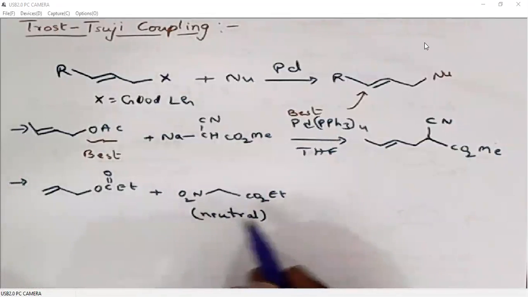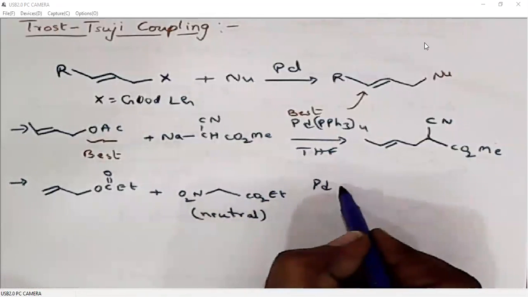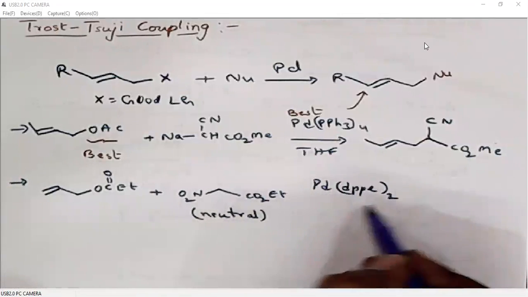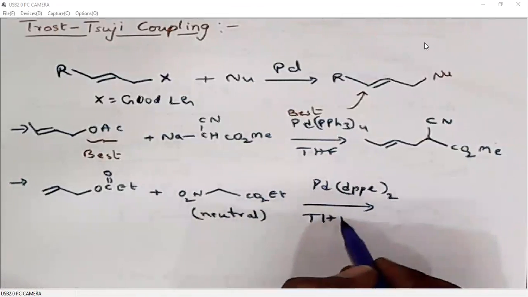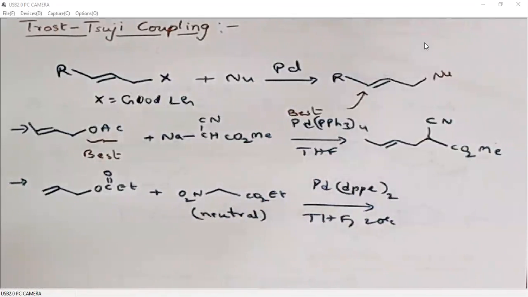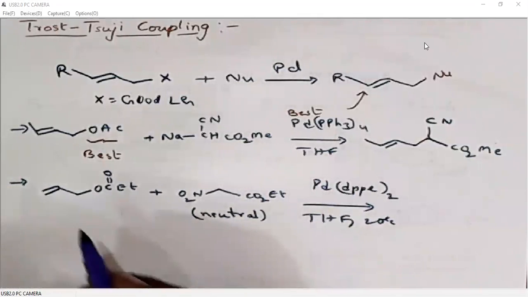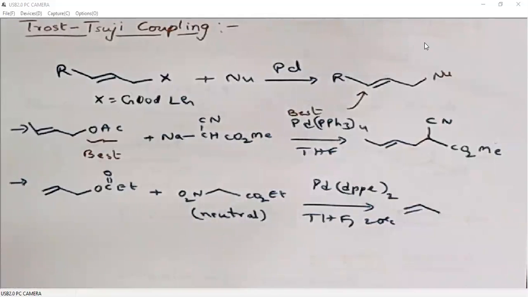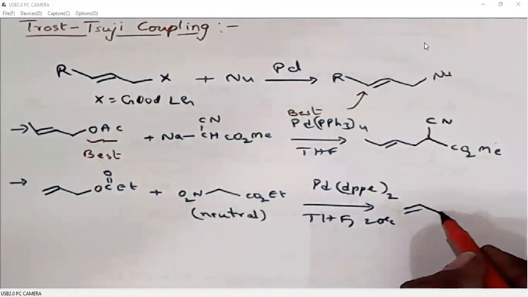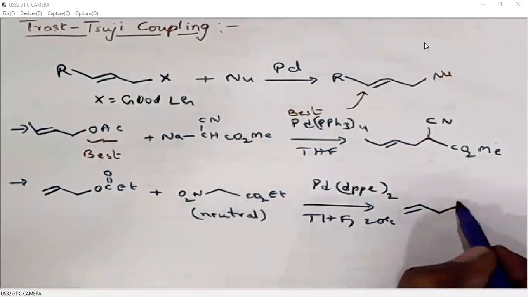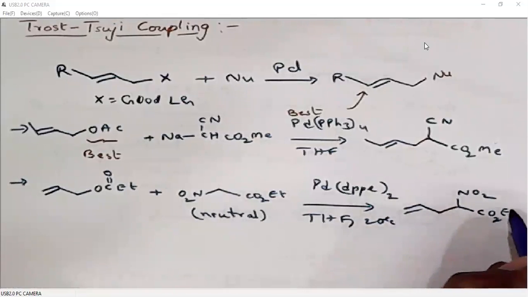So it is a neutral condition. So the coupling occurs here at the allylic system, then it couples with this nucleophile. So here, on one side we have a nitro group, on the other side we have an ester.